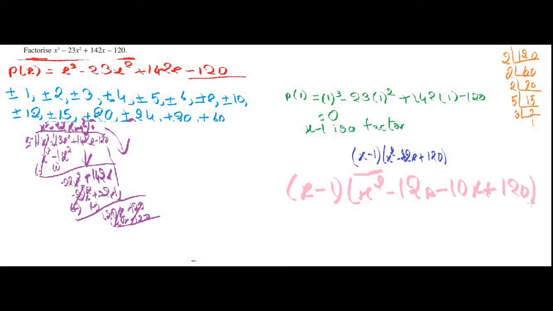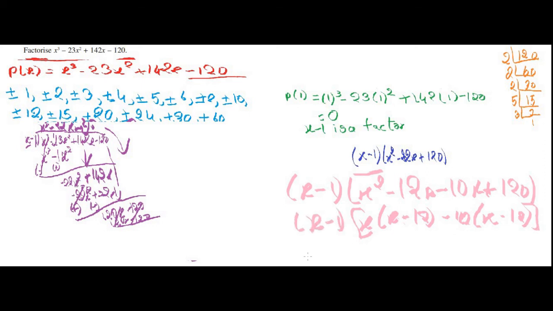Then we can simplify it: we take x common, x minus 12, and then minus 10 common, and then x minus 12. We can again take that as common, so I'm keeping a square bracket for it so that we can differentiate it easily.